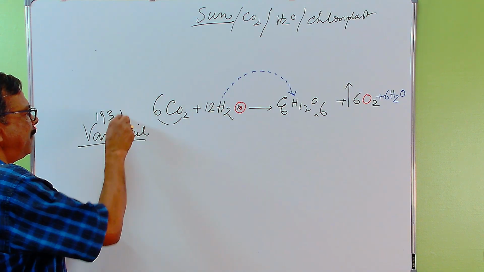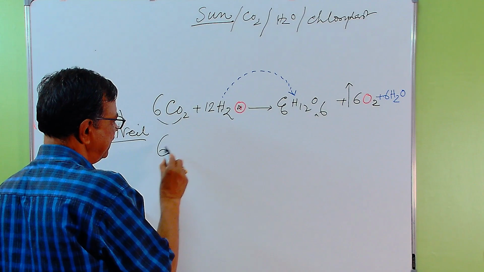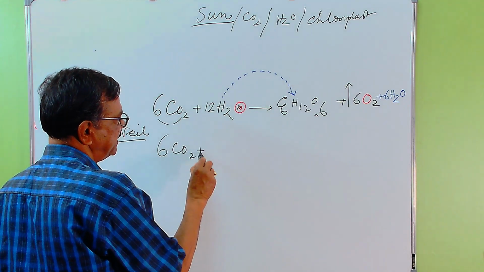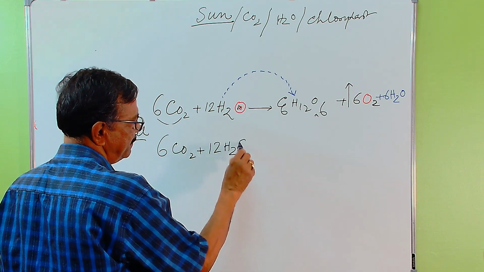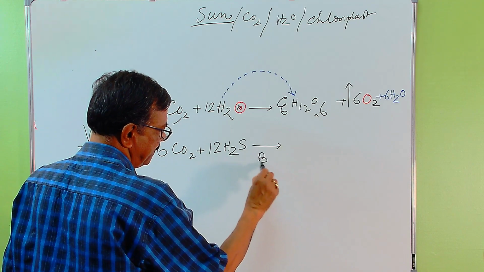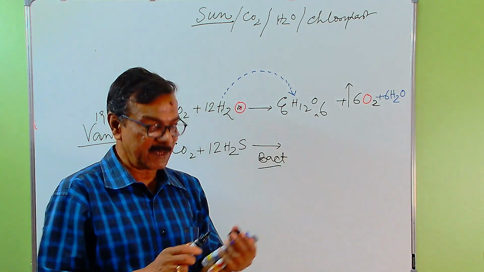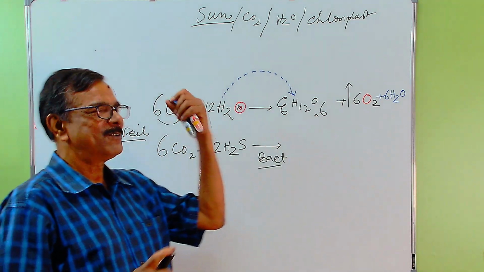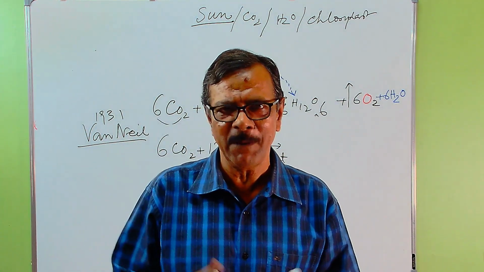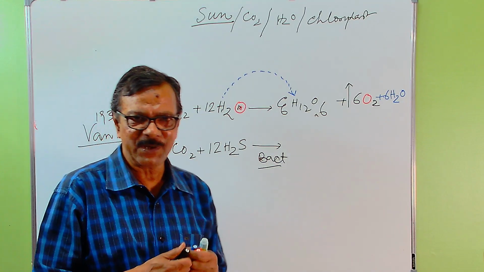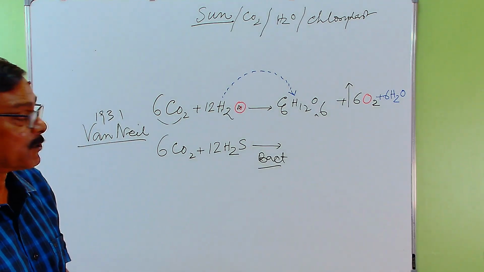In 1931, what he did, he saw that some bacteria, 6 CO2, 12 H2S, simply put, some bacteria can produce C6H12O6. So photosynthesis has not taken the monopoly of producing C6H12O6, but there are some bacteria, blue-green or photosynthetic bacteria.